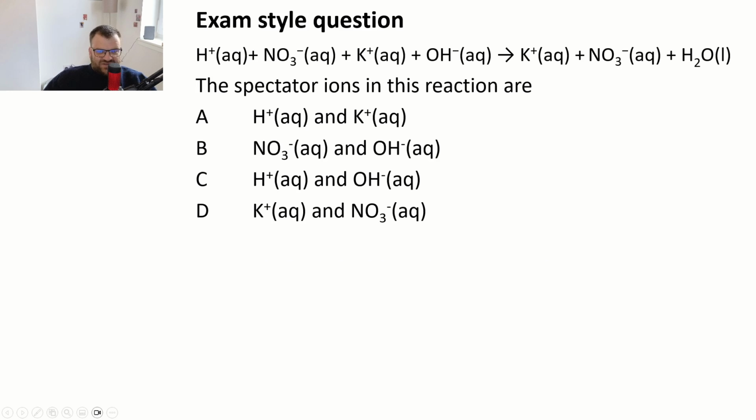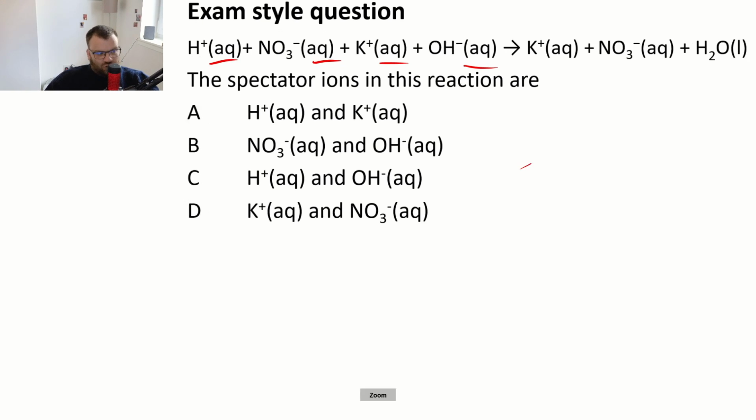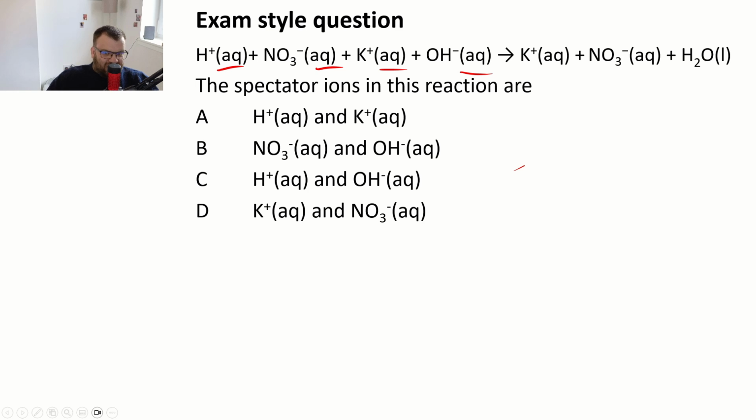In this one, we're asked to decide on the spectator ions. I'm going to do this one in a slightly different way. The original chemicals are all in solution. They're all aq. If it's in solution at the beginning and it's a spectator and doesn't change, it's still going to have to be aq on the other side. So both the potassium, K+, and the nitrate, NO3-, have not changed.